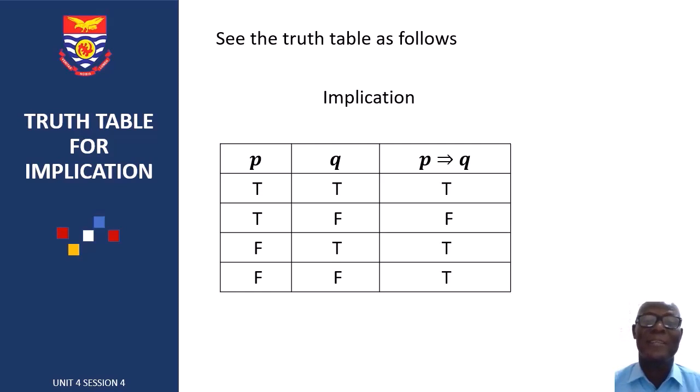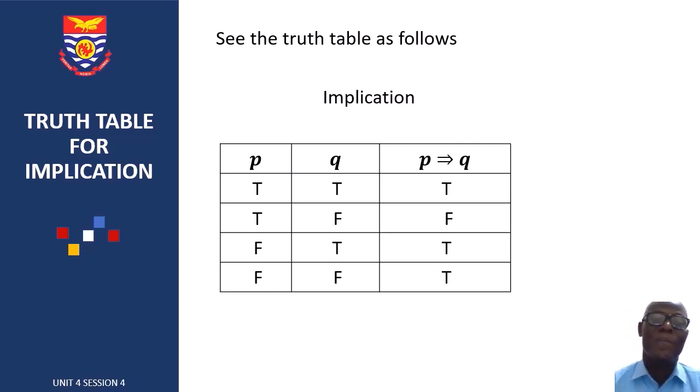Hence, in this table, if P is true and Q is true, then P implies Q is true. That is per our example: if Asare is a Ghanaian, then he is an African, and since Ghana is in Africa, the implication is true.